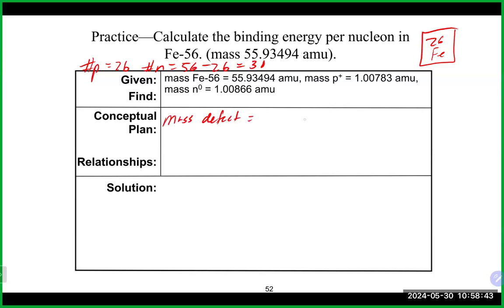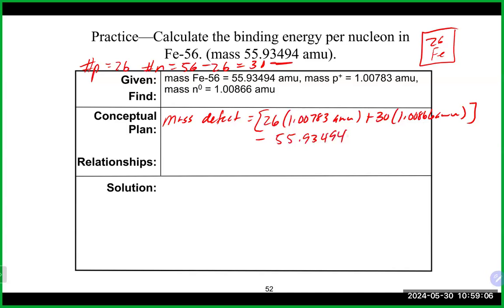Again, that mass is going to be converted. We'll do 26 times 1.00783 for our protons, plus 30 times 1.00866 for our neutrons. We'll subtract that from the atomic mass of the isotope, 55.93494 AMU.